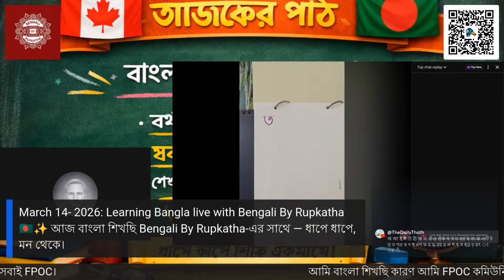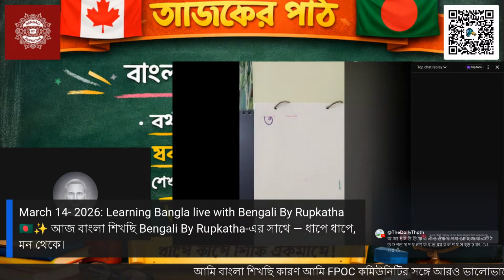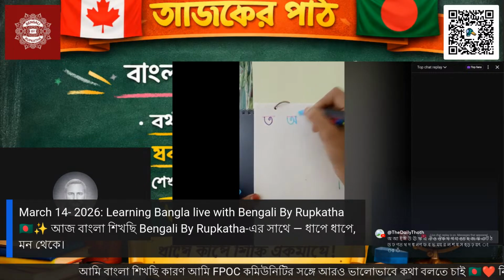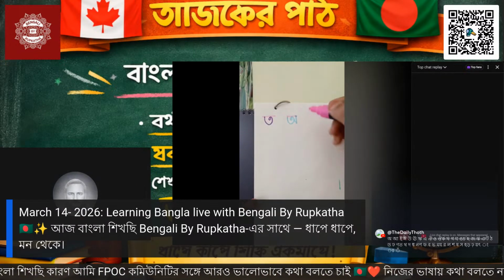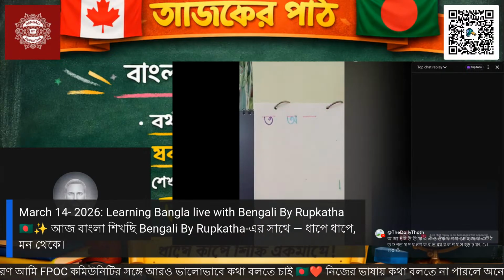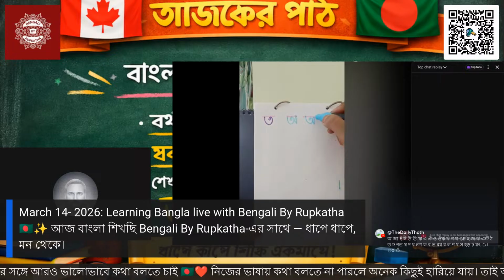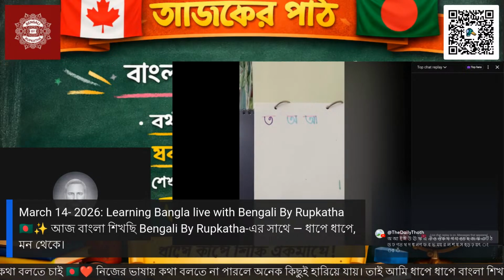We have also learned Shoro Borno. That's a matra again. This is Shoro Borno. O. We have also learned the Shoro Borno. A. This is what we have learned so far.